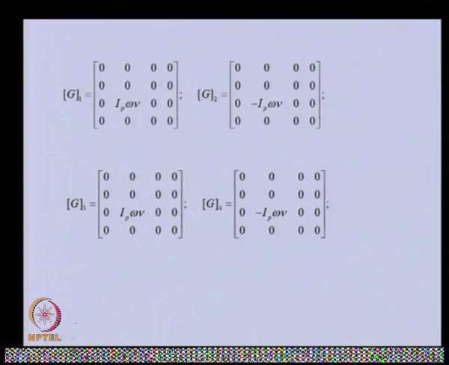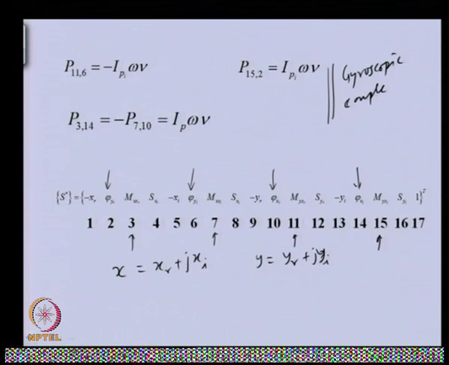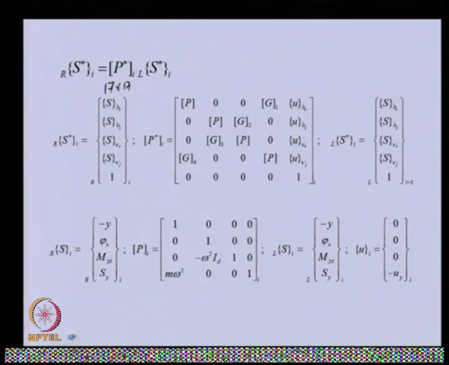If we want to check one of them, like this P11, 6, the 11th row, 6th column. In this row, this is 4 rows, because P is 4 by 4, and then this is another 4.